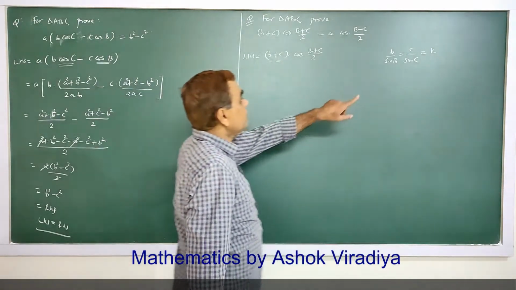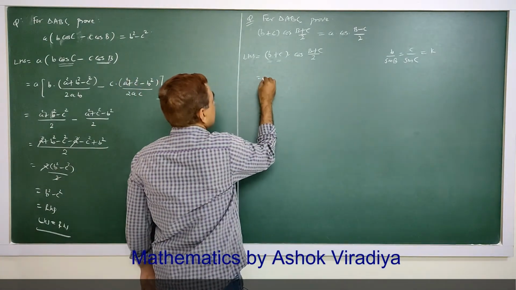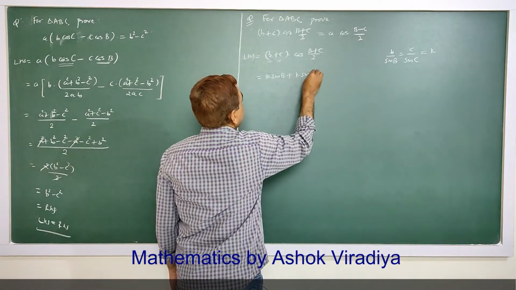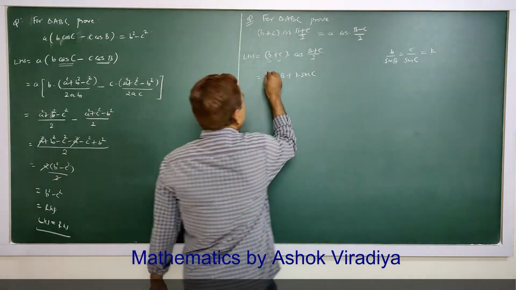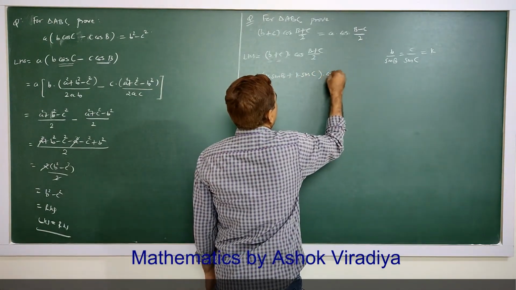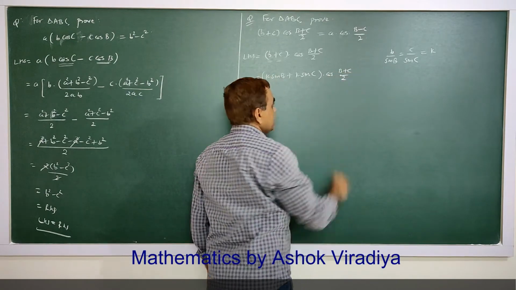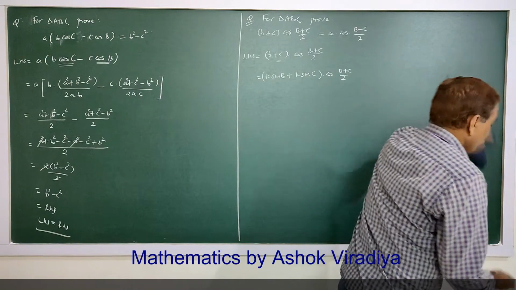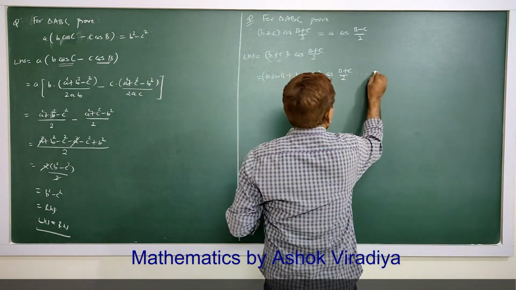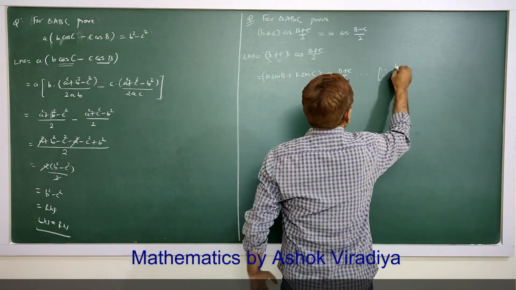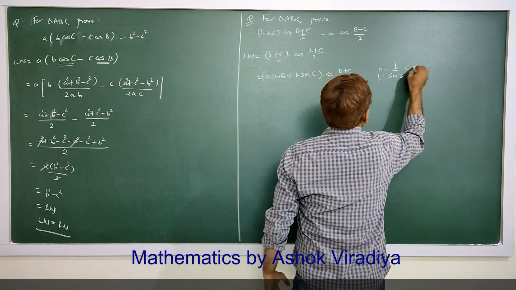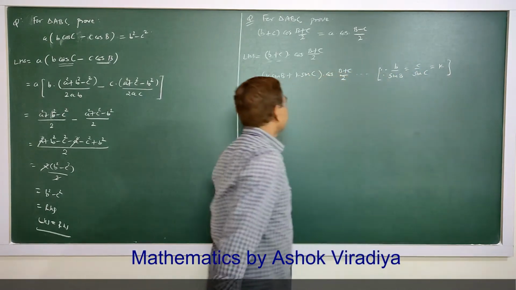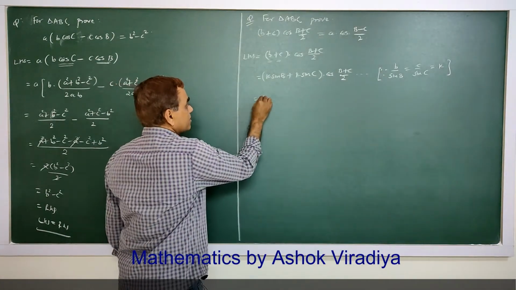So b will be equal to k sin B. So here (k sin B + k sin C) into cos((B + C)/2). The reason for this step, we put here in front of this step: because b by sin B is equal to c by sin C equal to k is used. Now k is common.